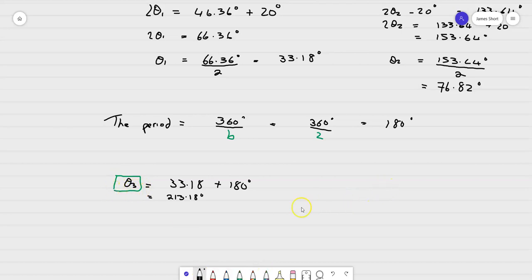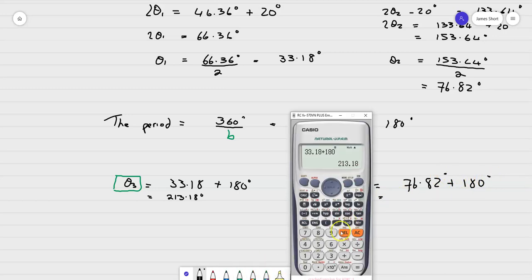Alright, and now we can do number 4, so theta 4. It's going to be 76.82 plus 180. So I'll go to our calculator now.